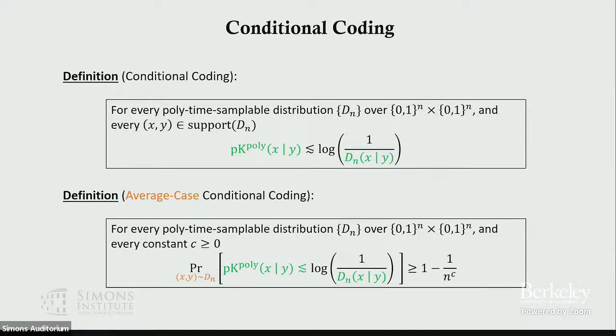Again, we can define the average version by saying that conditional coding holds for X and Y with high probability when X and Y are sampled from the same distribution D. This is the definition.